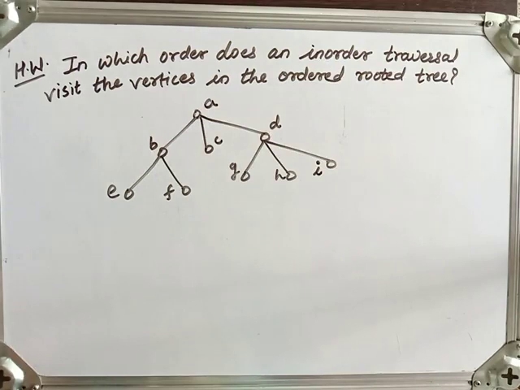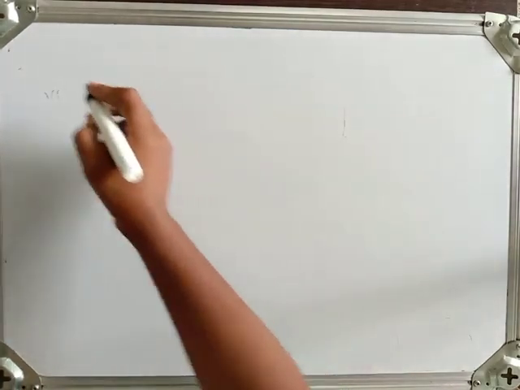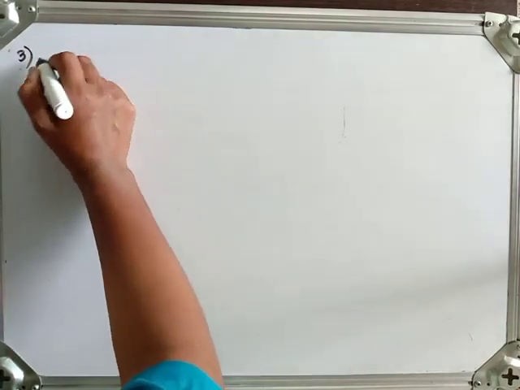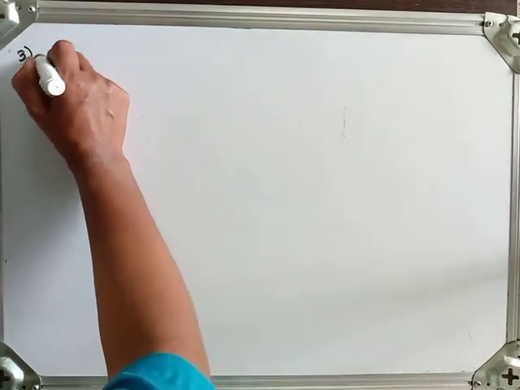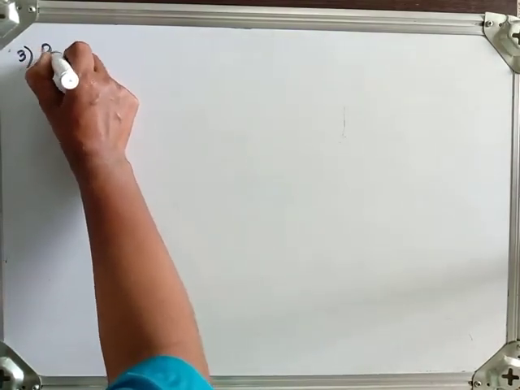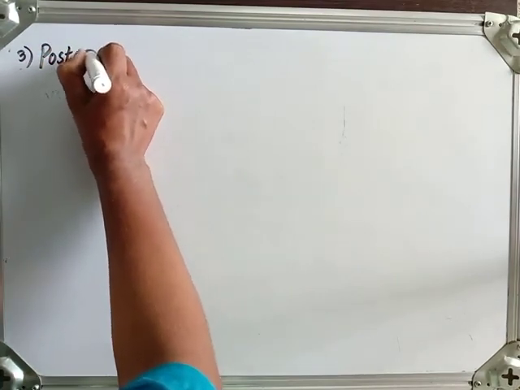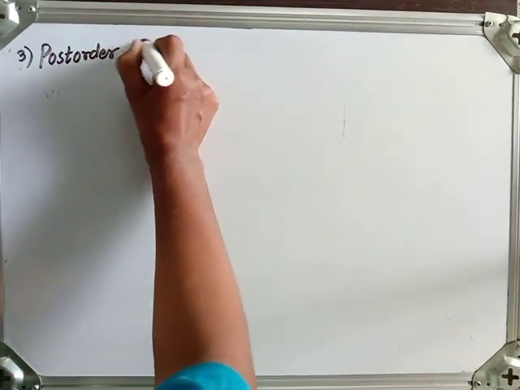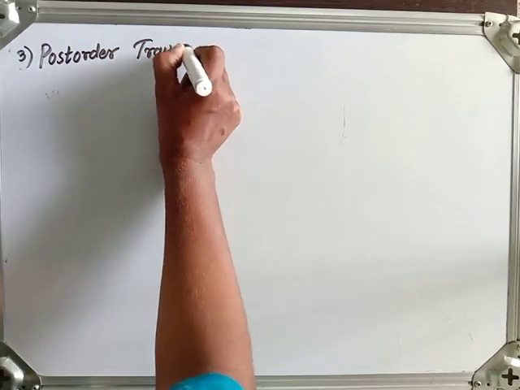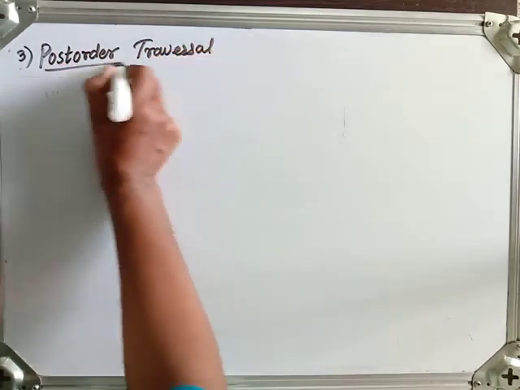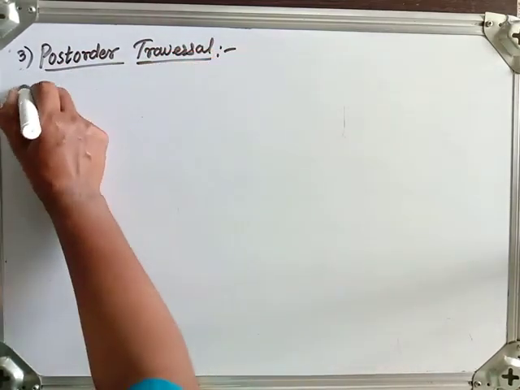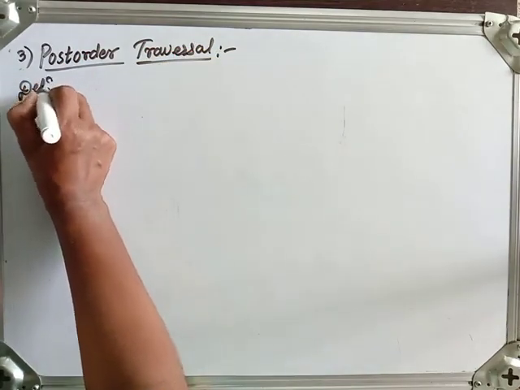Fine. Now let's go for the next one, post-order traversal. The third tree traversal is post-order traversal. Now let's write the definition of it first again. Definition, what does it say?